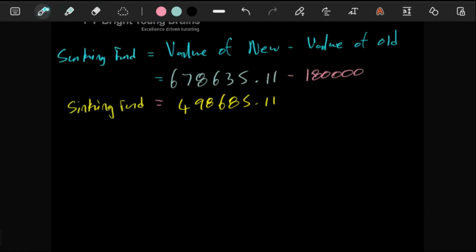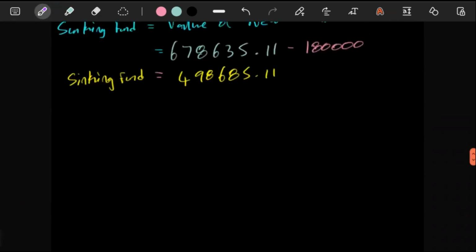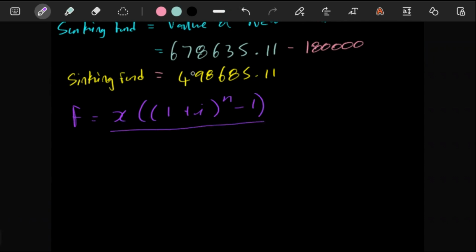Anyways, let us carry on. With all this being said, we need to use the F formula, because the F formula allows us to work out how much money is going to be worth after a certain amount of time has passed if you're making monthly installments.